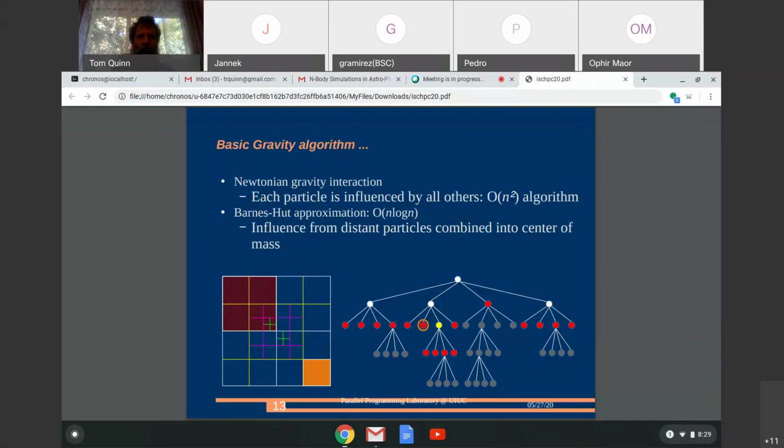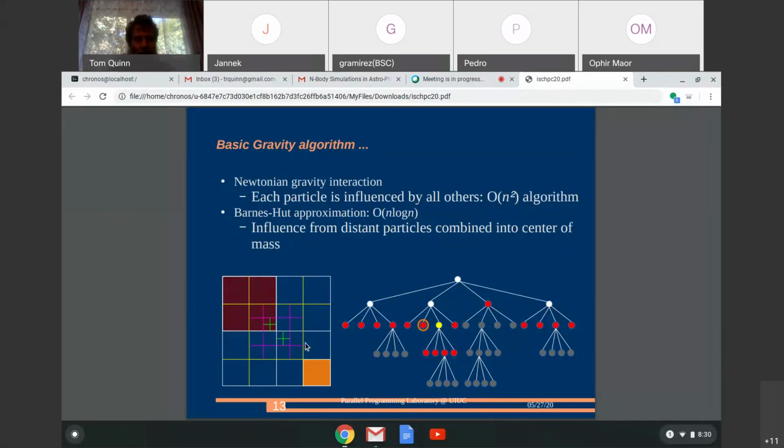So suppose I want to calculate gravity on a particle in this yellow volume. And I've located this yellow volume by this circle in the tree representation.